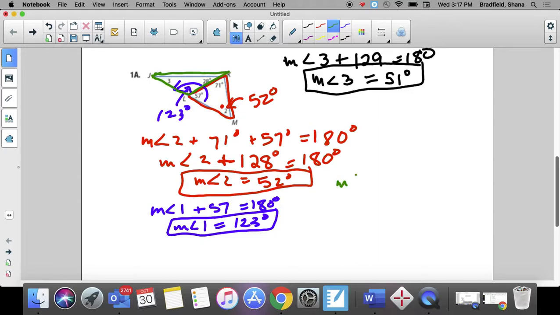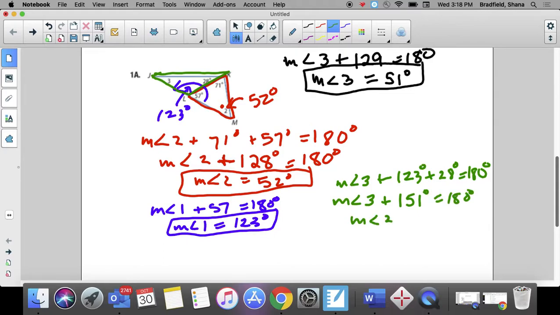So the measure of angle 3 plus 123 plus 28 equals 180. The measure of angle 3 plus 151 equals 180. And then we'll subtract 151, and we get 29 degrees.